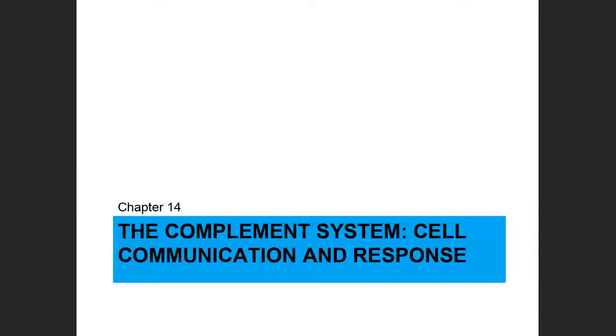Okay. There's another set of proteins that are involved in immunity. Those are the complement system. These proteins are made by the liver. So these are liver proteins.